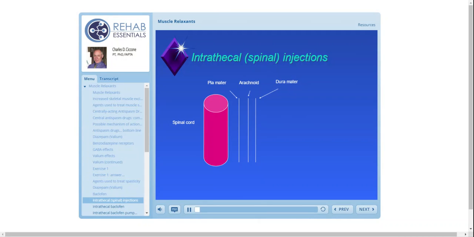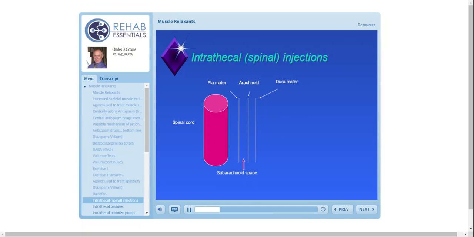Spinal, subarachnoid all mean the same thing. You're seeing here a diagram of the spinal cord on the left, and as we know, it's surrounded by three layers of tissue, the meningeal layers. The pia mater is the inner layer, the arachnoid layer is in the middle, and the dura mater, the tougher layer, is on the outside.